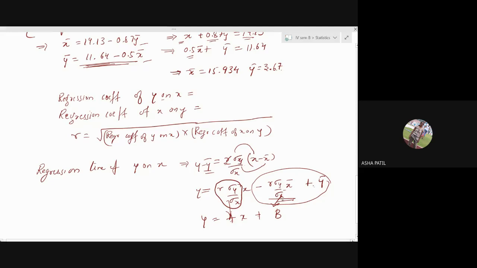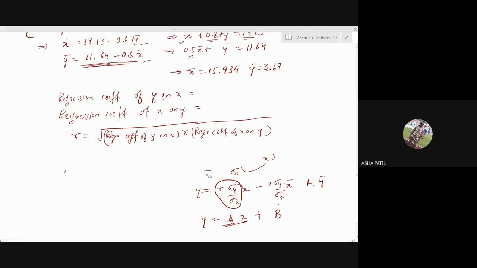Now we want only the regression coefficient, that is R sigma y by sigma x. That means it will be the coefficient of x. Remember it. Regression coefficient of y on x means you have to take the coefficient of x. If you are asked for the regression coefficient of x on y, then you have to take the coefficient of y.